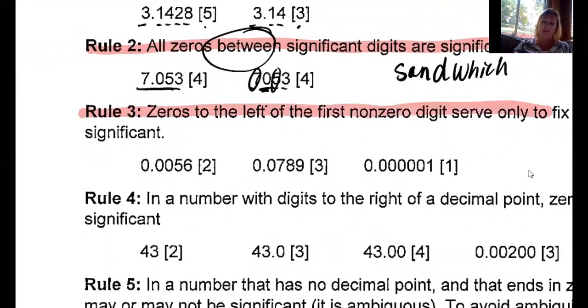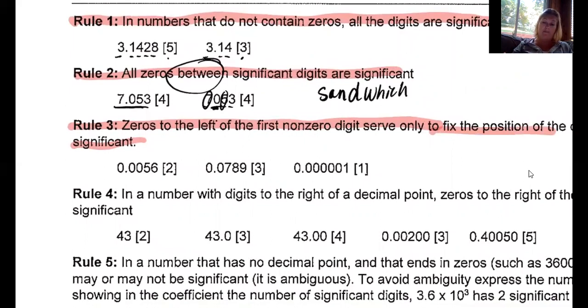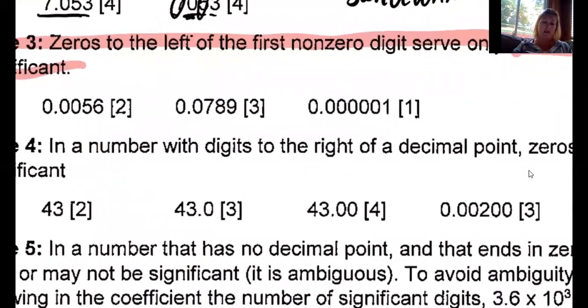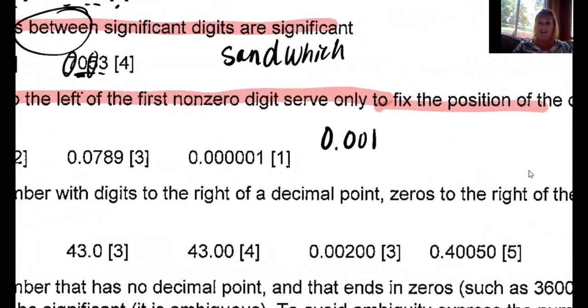Rule 3 says zeros to the left of the first non-zero serve to fix the position of the decimal and are not significant. So basically, if you have a decimal and zeros to the left of the first non-zero, they're not significant. Another way I look at this is if there is a number, let's say 0.001, all of these zeros are just placeholders. They don't count.